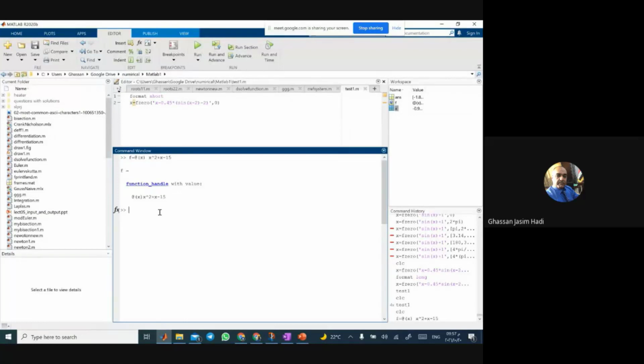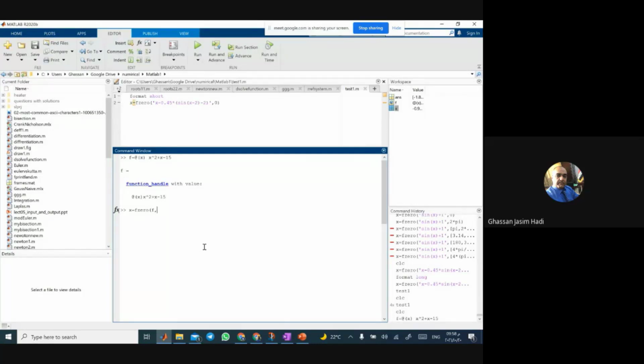Okay, you can use this technique to solve this, and we can use fzero another way like this. Just focus: x equal fzero for f. I told him f because he already knows it's a function.